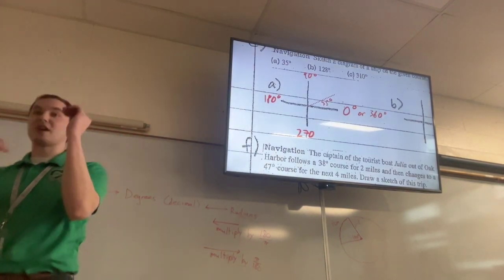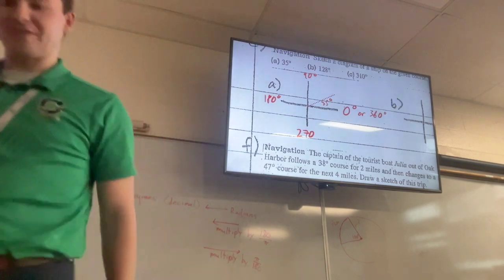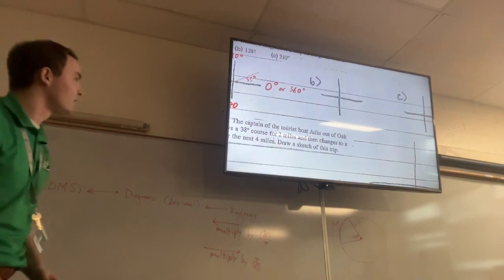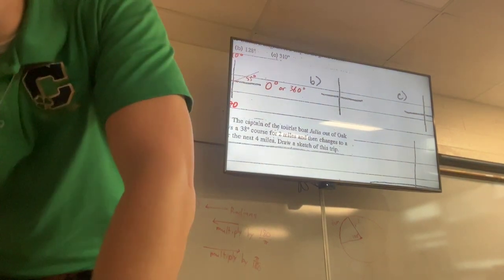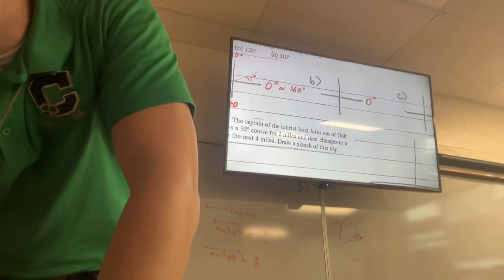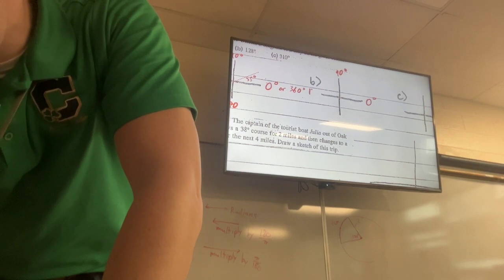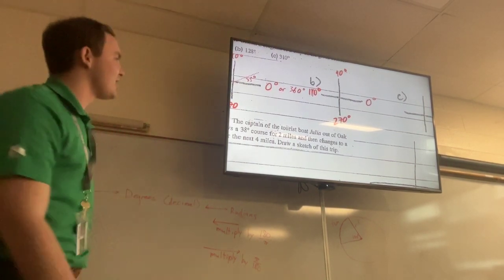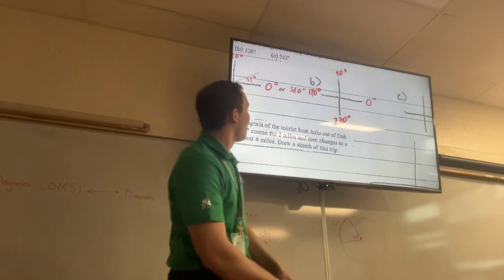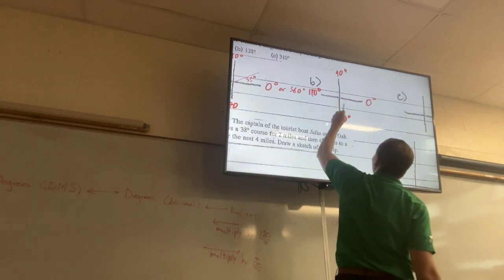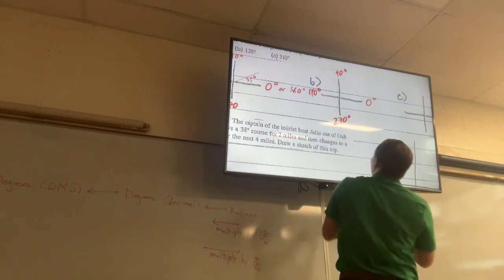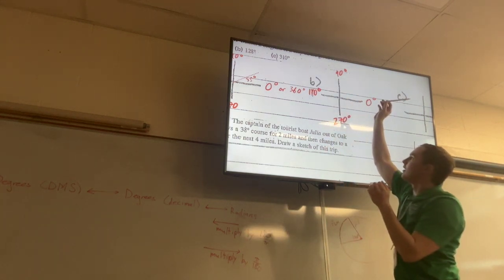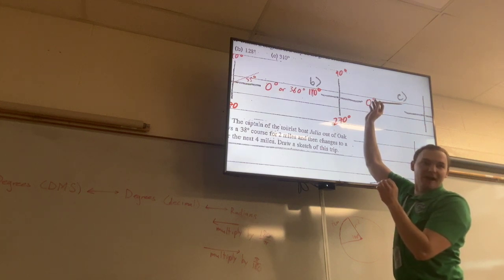This is working on figuring out what quadrant each different angle is in. So B, for a 128-degree angle. Let's label our axes. This is 0 degrees, 90 degrees, 180 degrees, 270 degrees. A 128-degree angle. Okay? What quadrant would that be in? Top left, right? What's halfway between 90 and 180? 135.